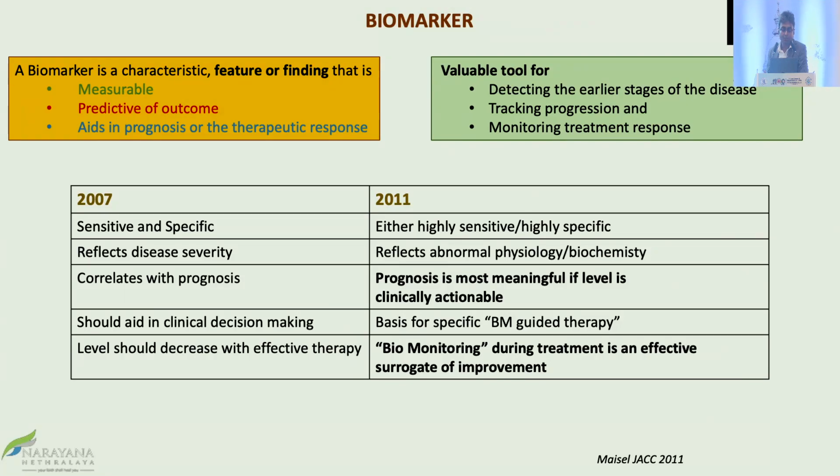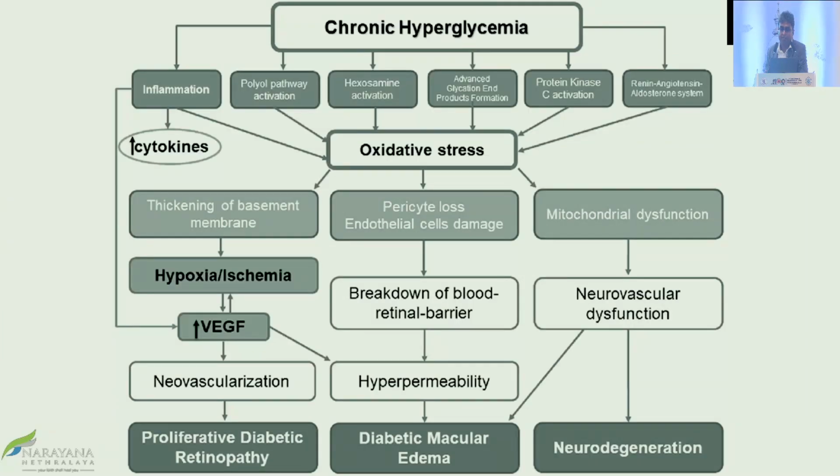You can see that the prognosis is most meaningful if the level is clinically actionable, and biomonitoring is also included in the newer definitions of the biomarkers. So we all know what exactly causes diabetic retinopathy and diabetic macular edema: chronic hyperglycemia, oxidative stress, and it starts. Hypoxia, ischemia, and blood-retinal barrier breakdown. It could be either neovascular retinopathy, or it could be diabetic macular edema, which is vision threatening.